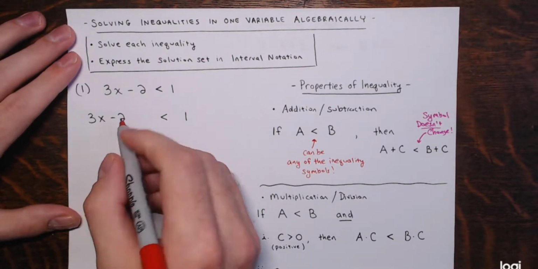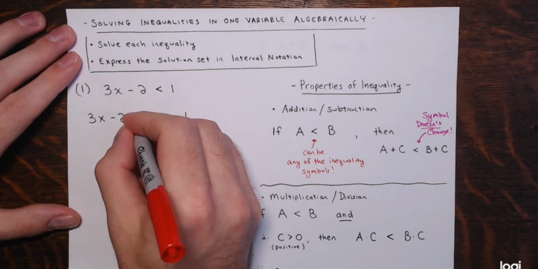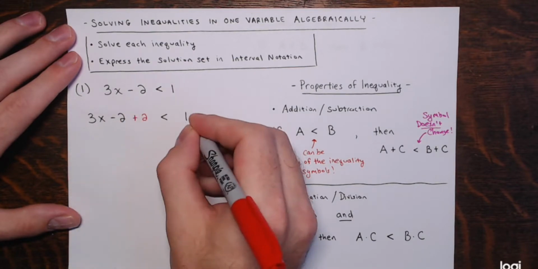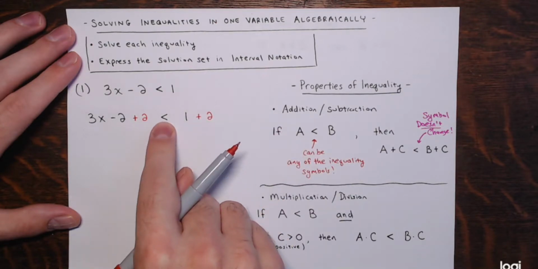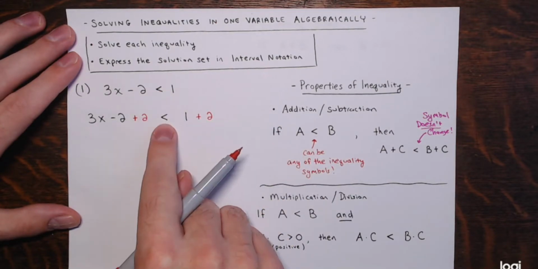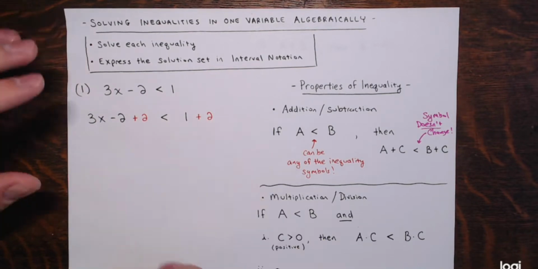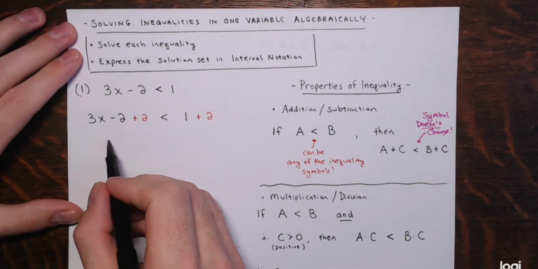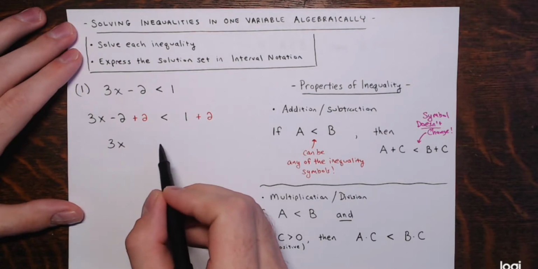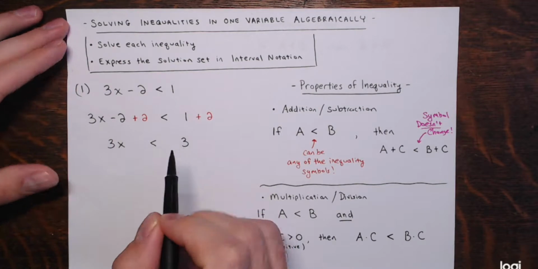So first thing I'll do is get rid of this negative 2 by adding 2 to both sides. And notice I already wrote the same symbol. It still is less than, because adding the same number to both sides will not change the inequality. Then we have 3x now on the left is less than, 1 plus 2 is 3 on the right.